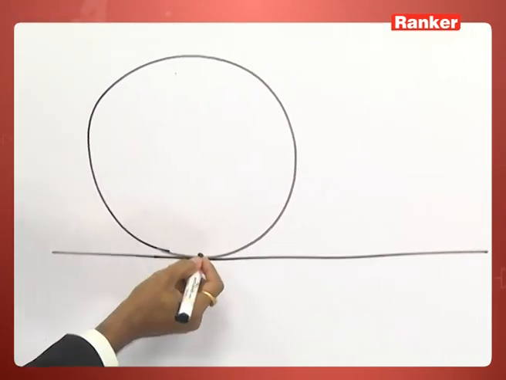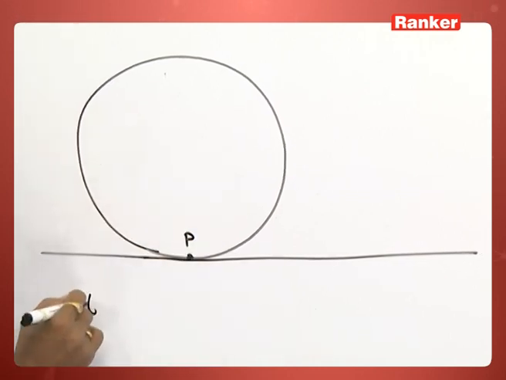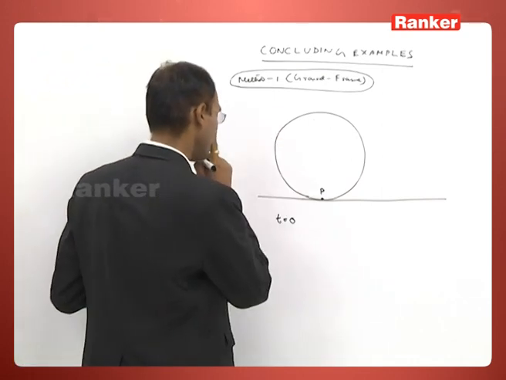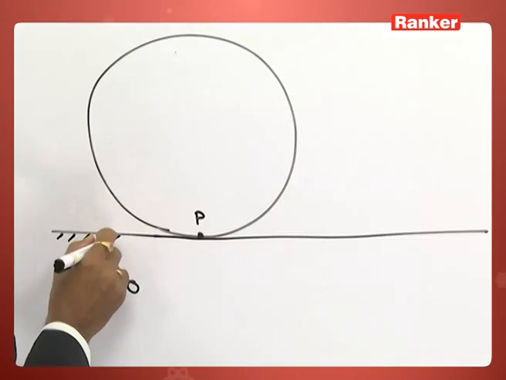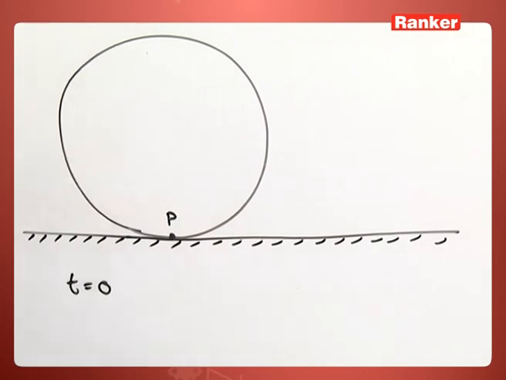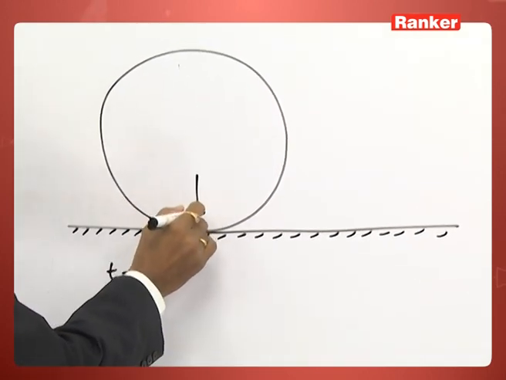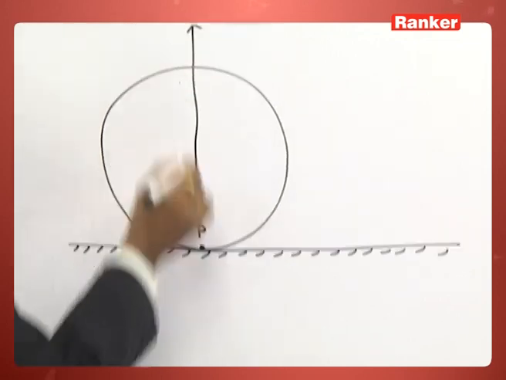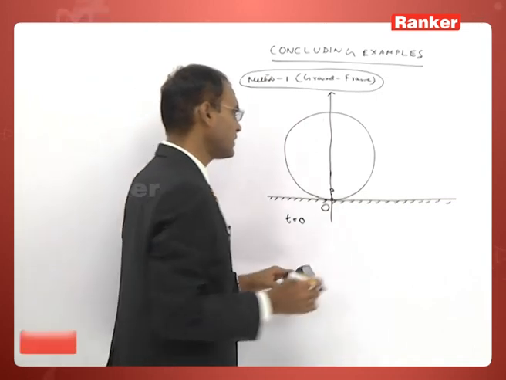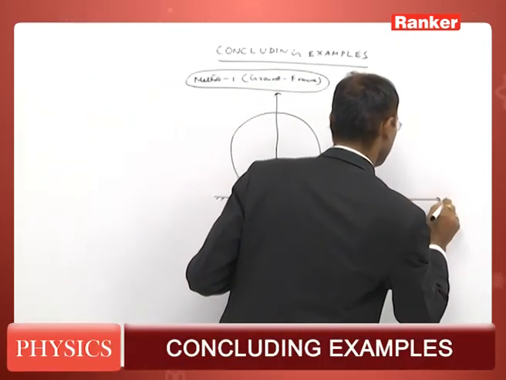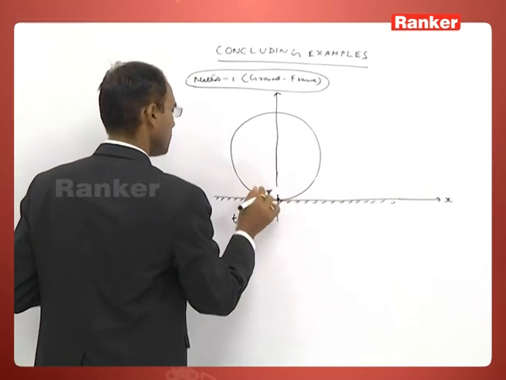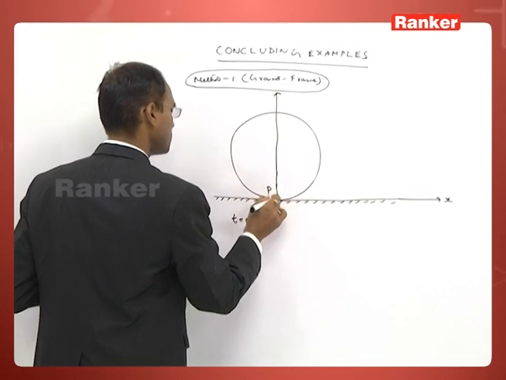This is the point P at time t equal to 0. The lowest point of the cylinder, let it be P. And that point was lying on the origin of the coordinate system, x and y are the axes of the coordinate system.